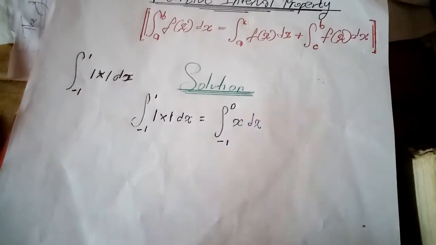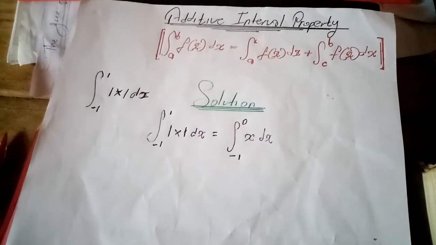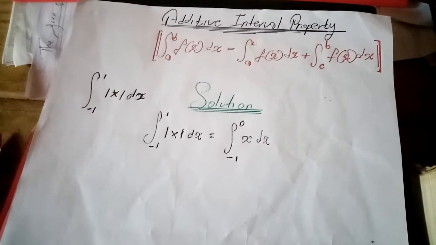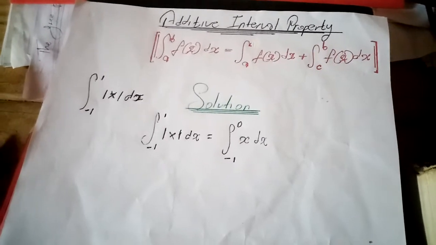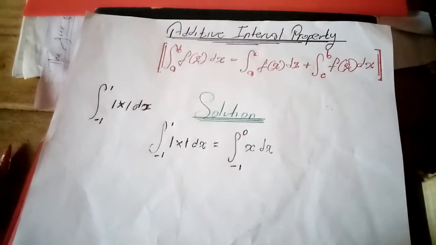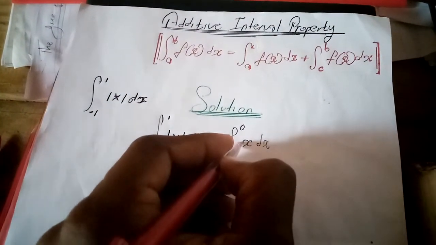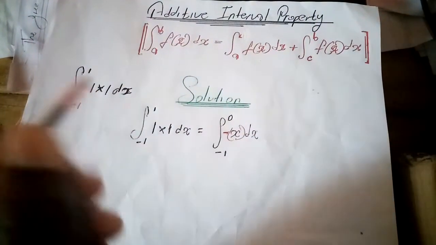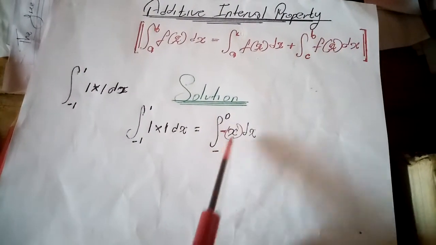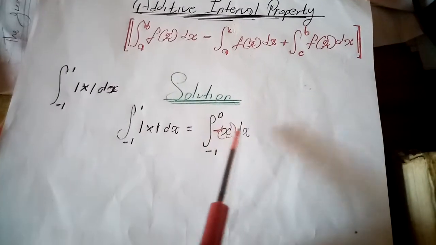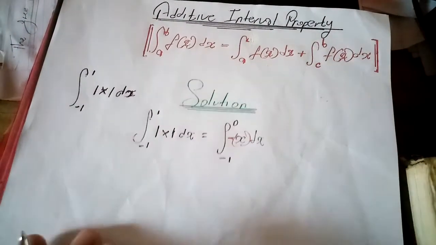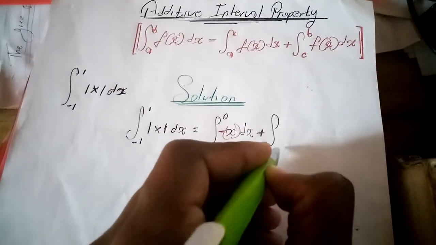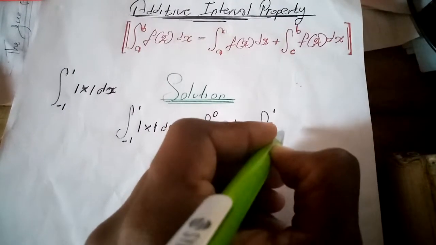This simply means that here we have two functions, the integral of -x dx and the integral of x dx. So from -1 to 0 we take a negative. So from -1 to 0 we have negative x dx, plus the integral from 0 to +1 of x dx.